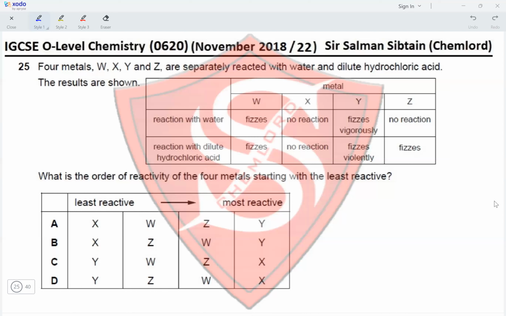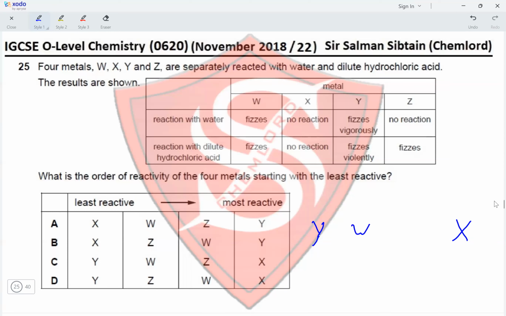Now let's look at the reaction with HCl. W fizzes, X has no reaction, Y fizzes violently, and Z just fizzes. So this shows that Y is the most reactive of these elements and X is the least reactive. And in comparing W and Z, W reacts with water, Z does not.